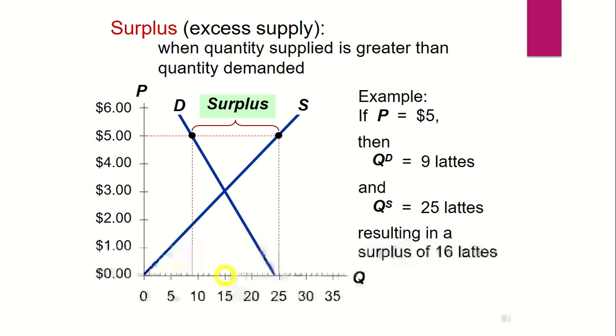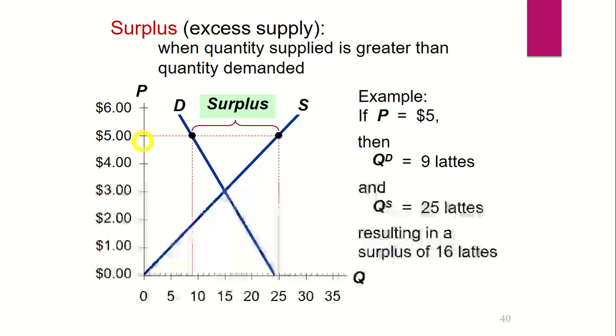But for some reason the price is now $5. Now the price rises from $3 to $5, and we know that the equilibrium price would have been $3. So what does the consumer do? He now buys less latte; the quantity demanded is 9.